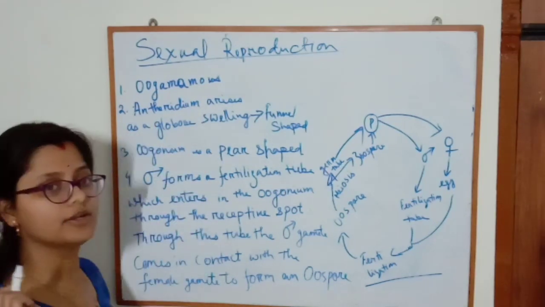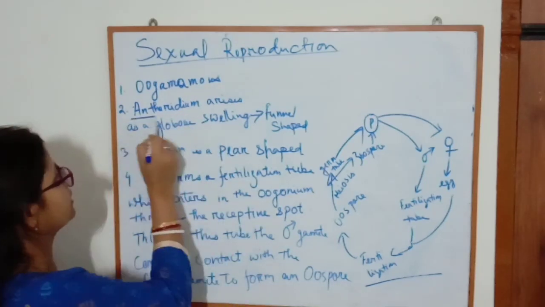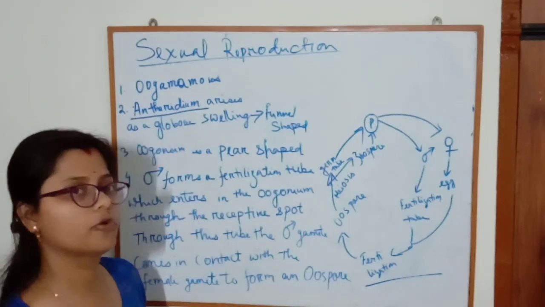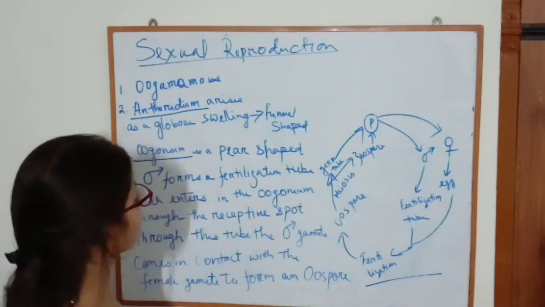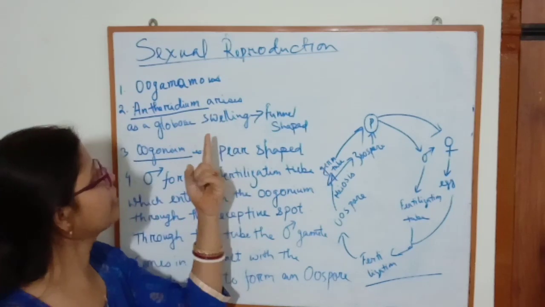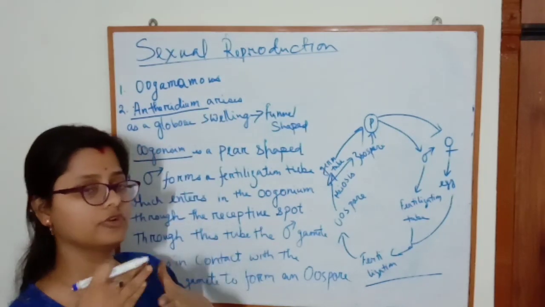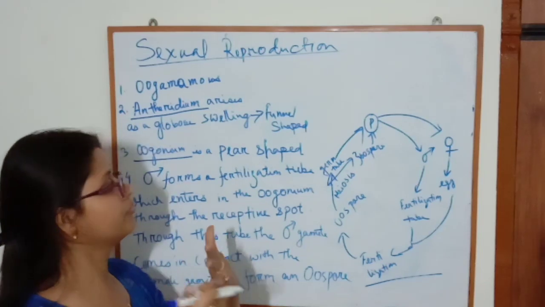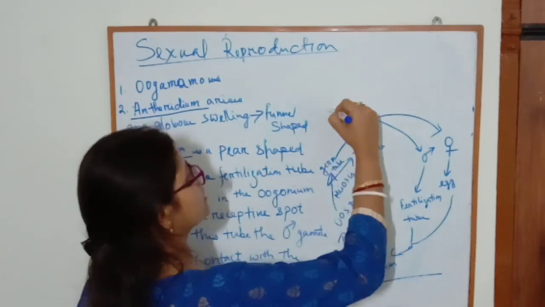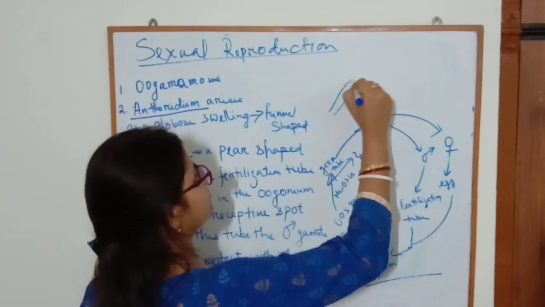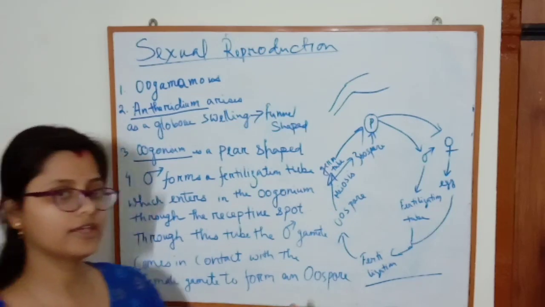Here the male reproductive part is known as antheridium, and the female reproductive part is known as oogonium. In Phytophthora, the antheridium is a globose swelling, and later forms a funnel-shaped structure. This is the antheridium, and the oogonium is a pear-shaped or spherical structure.